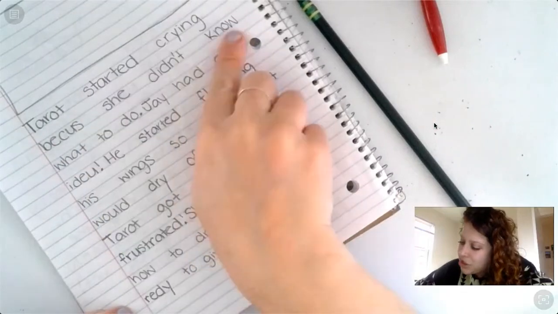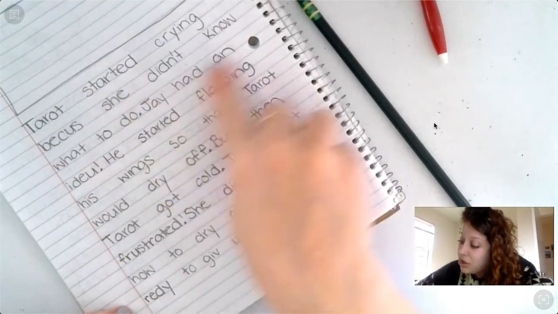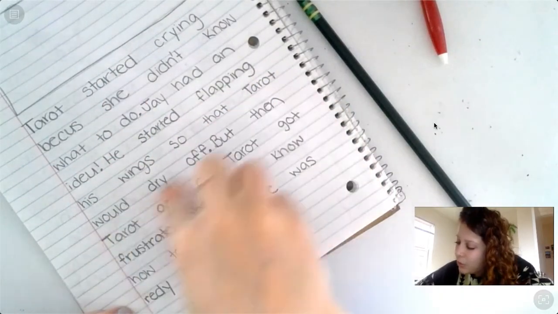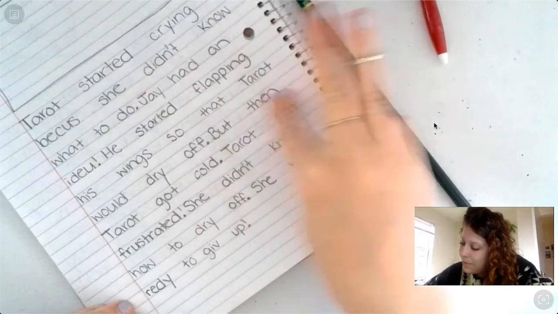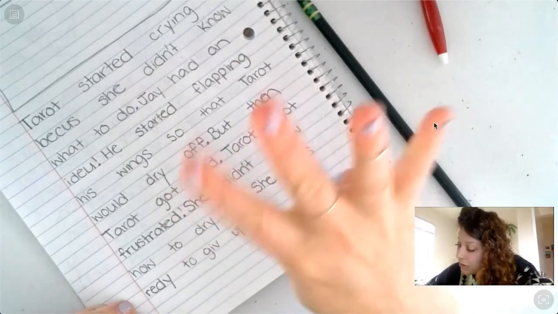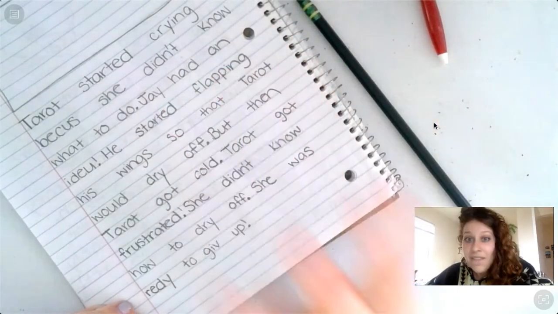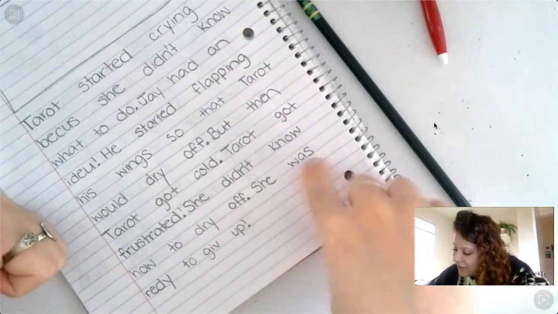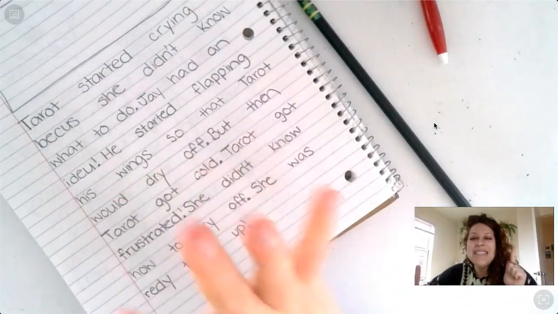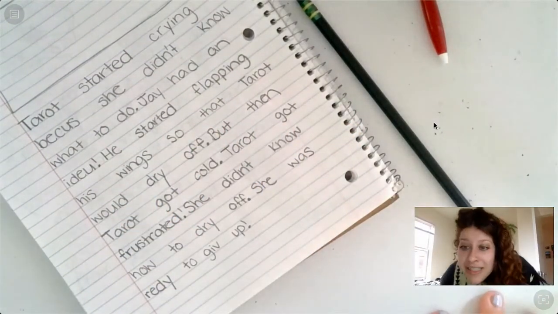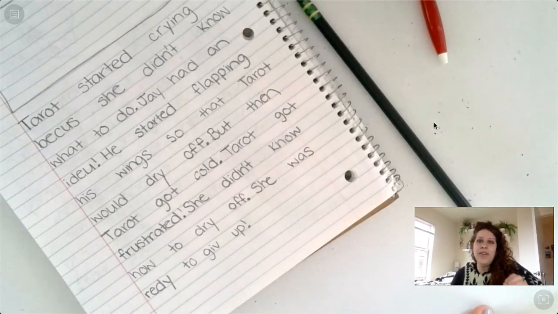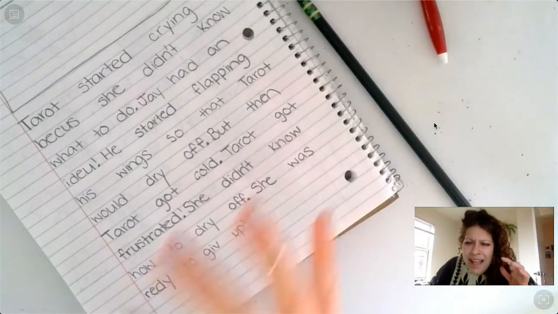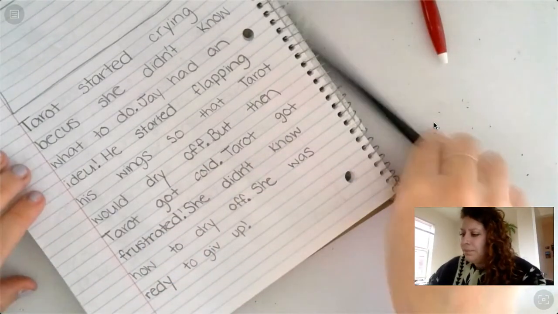Tara started crying because she didn't know what to do. 1, Jay had an idea. 2, he started flapping his wings so that Tara would dry off. 3, but then Tara got cold. 4, Tara got frustrated. 5, she didn't know how to dry off. 6, she was ready to give up. 7! Oof, I wrote 7 sentences, so my middle is even better. I added lots of juicy details. I'm really telling what's going on in my story.